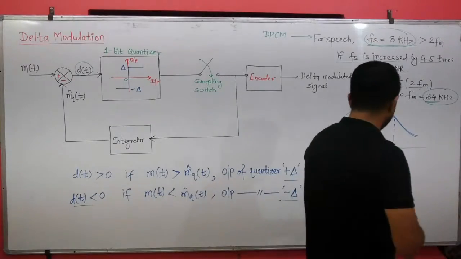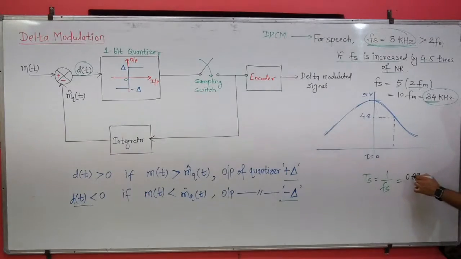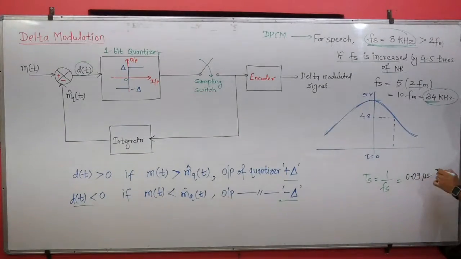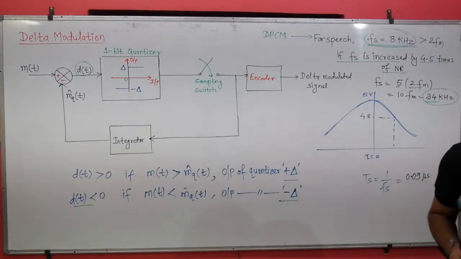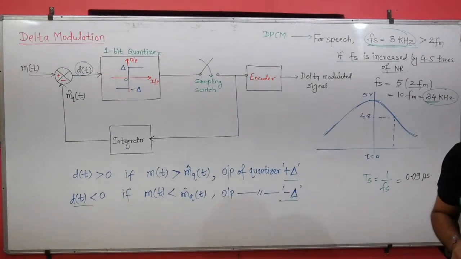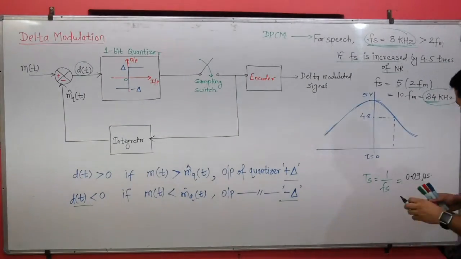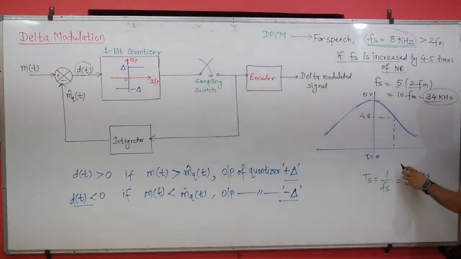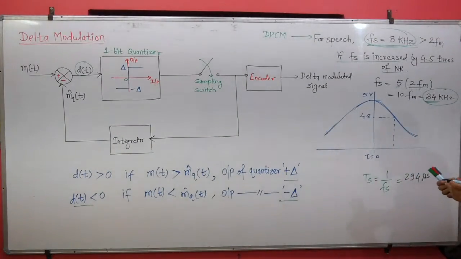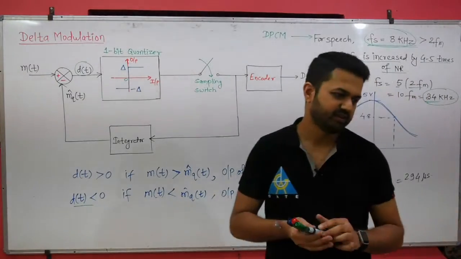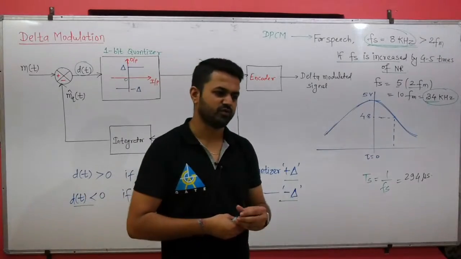Somebody is saying 0.09 microsecond. Okay, somebody is saying 29.4. I am not sure what the answer is, right? So 29.4 in microsecond, yes.